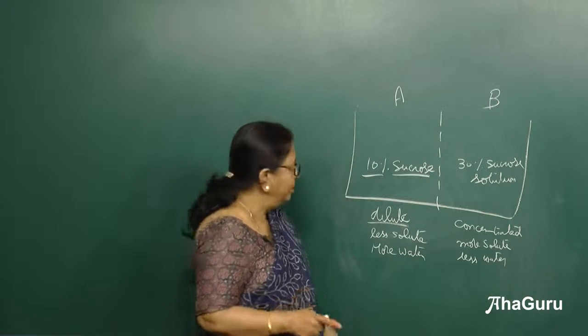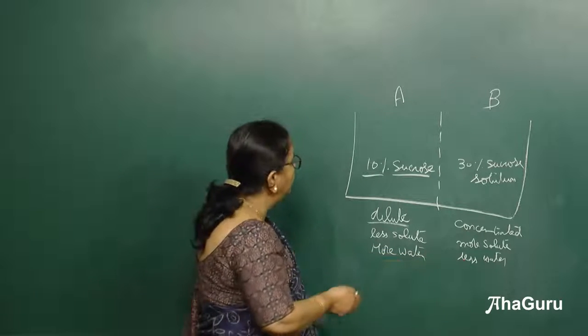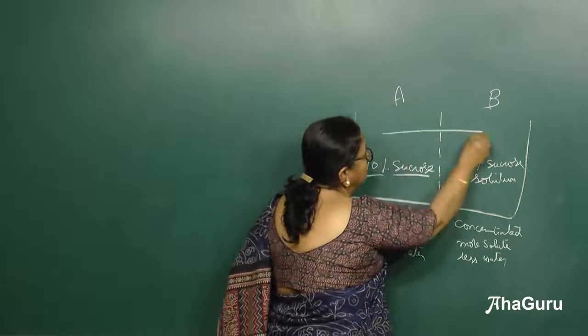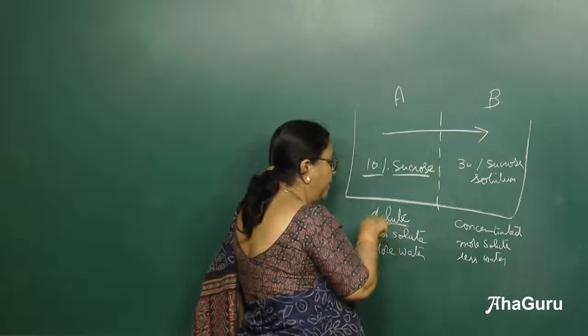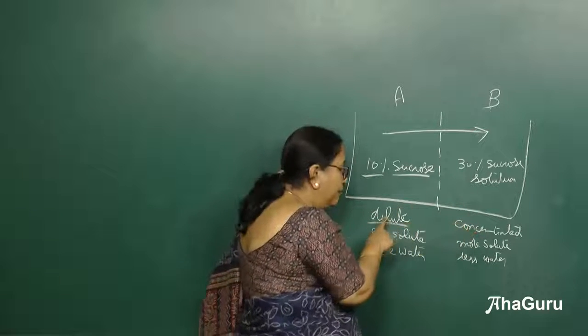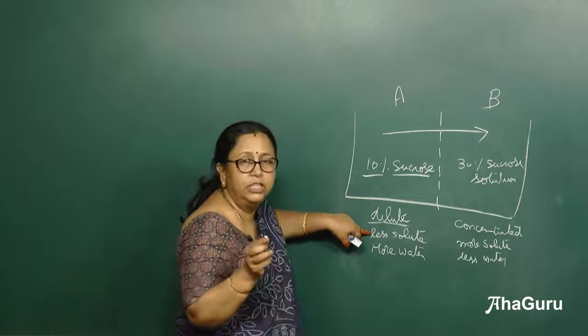Always, water moves from more water to less water, right? So water would now move from 10% to 30%, from a dilute solution to a concentrated solution. Always keep in mind that the solute concentration is not important.